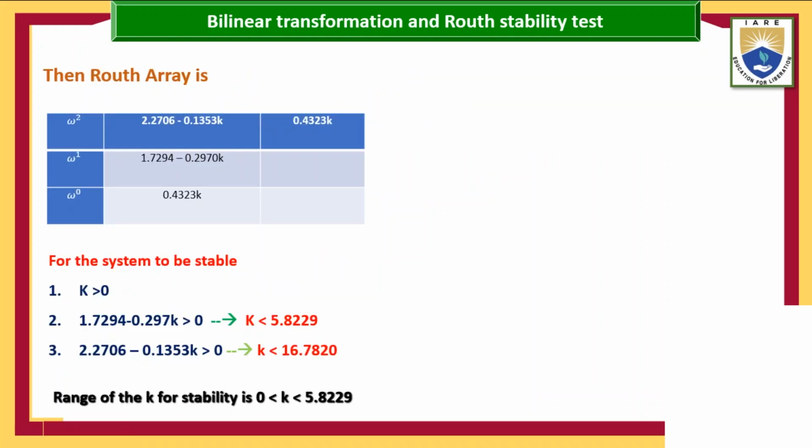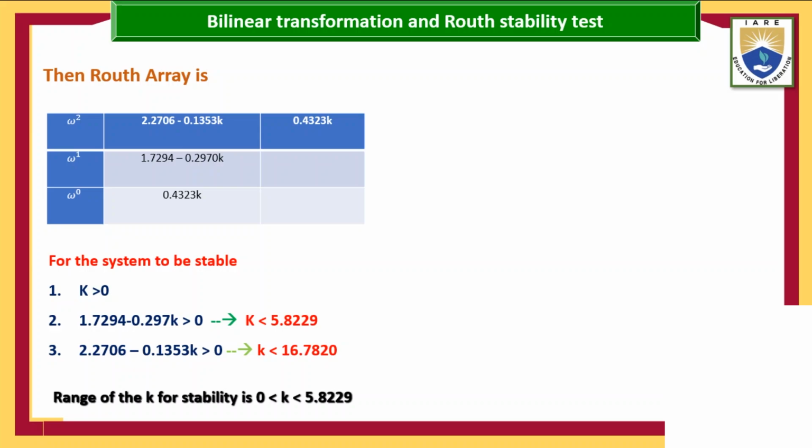Find the checking conditions. If k greater than 0, that gives the stable condition only. Take the reverse one, that is 1.7229 minus 0.29k greater than 0.